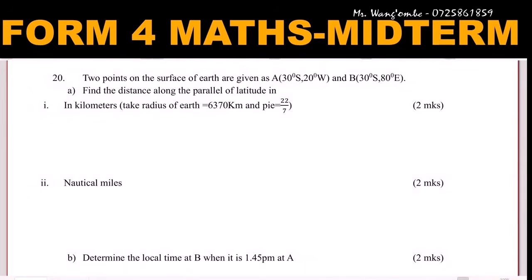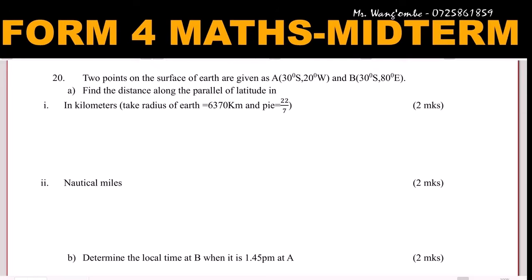Question 20. Two points on the surface of the earth are given as A, 30 degrees south, 20 degrees west, and B, 30 degrees south, 80 degrees east. Part A, find the distance along the parallel of latitude in kilometers. Take the radius of the earth to be 6370 kilometers and pi to be 22 divided by 7.